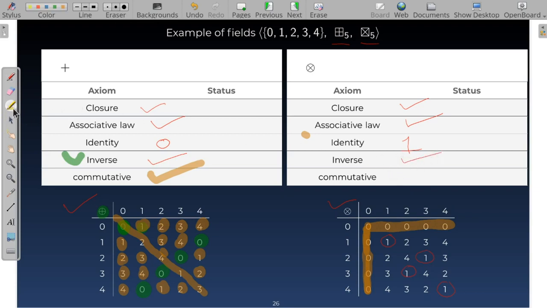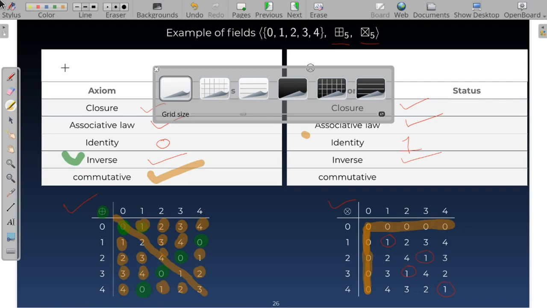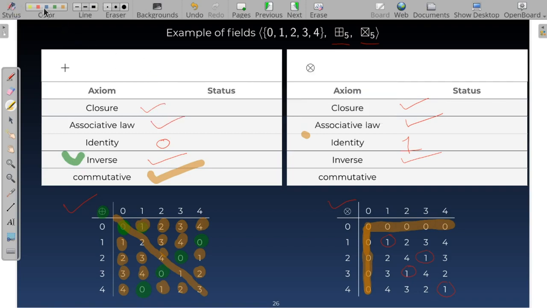That's very easy to see, as I told you, if we take the diagonal elements here, then you can see that with respect to the diagonal, all the elements are symmetric. So you have 2 here, then you have 2 here.